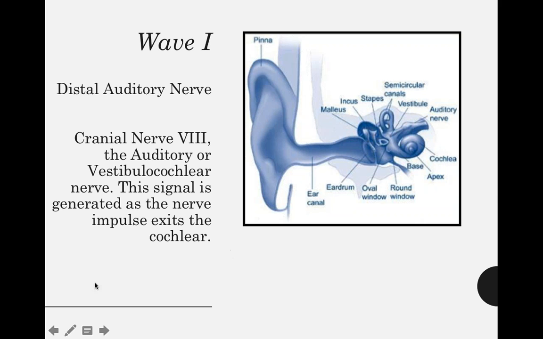This is the clicking. So we have the sound entering in. We have our ear plug right here in the ear canal, or perhaps a headphone over the ear. The sound is generated. It hits the eardrum.